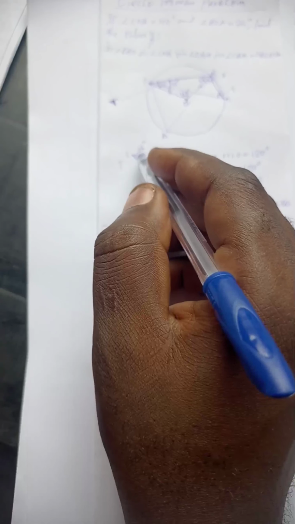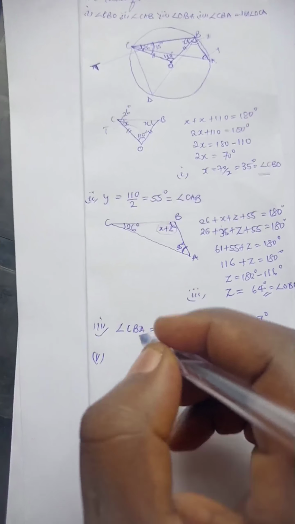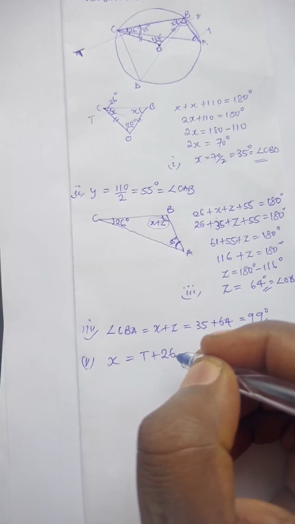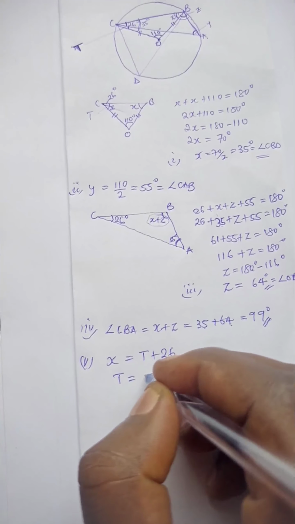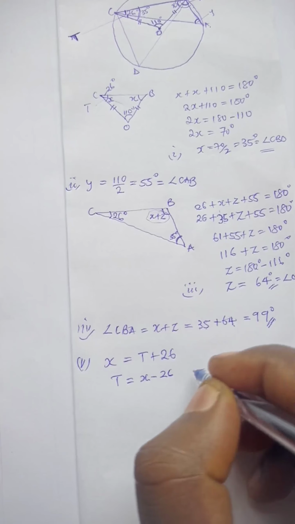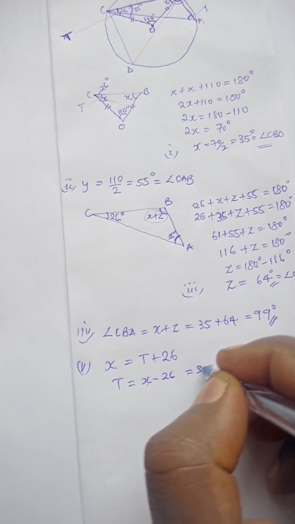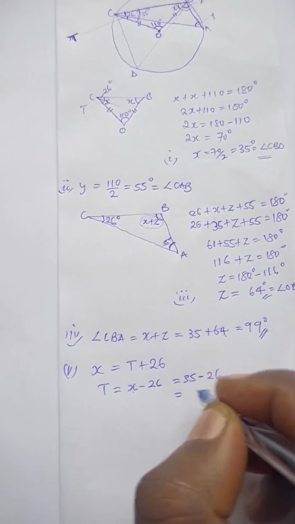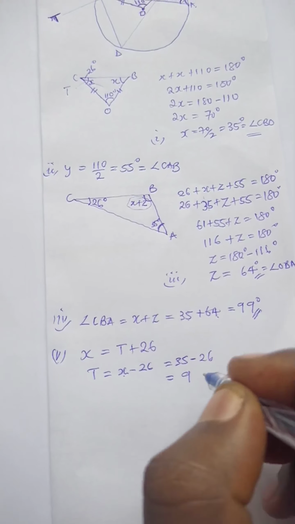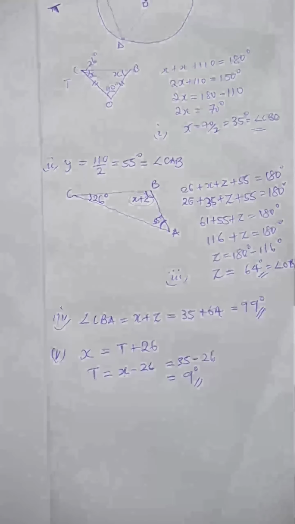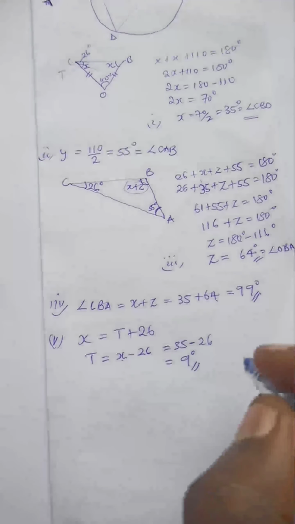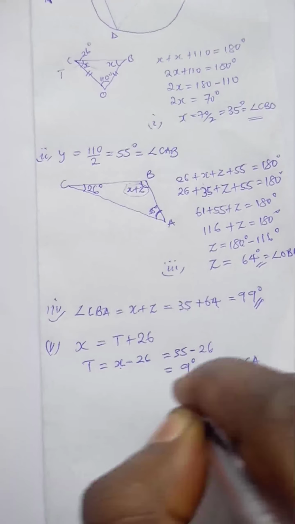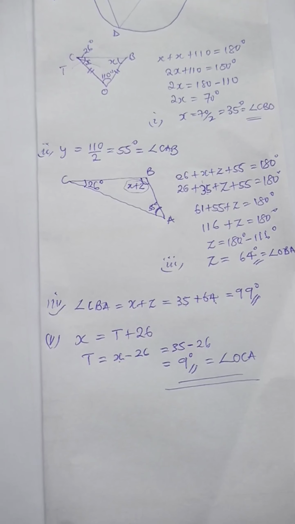If the total angle is x, it means x is equal to T plus 26. So T is equal to x minus 26. Since x is 35, we subtract 26 from it, which gives you 9 degrees. So angle OCA is 9 degrees.